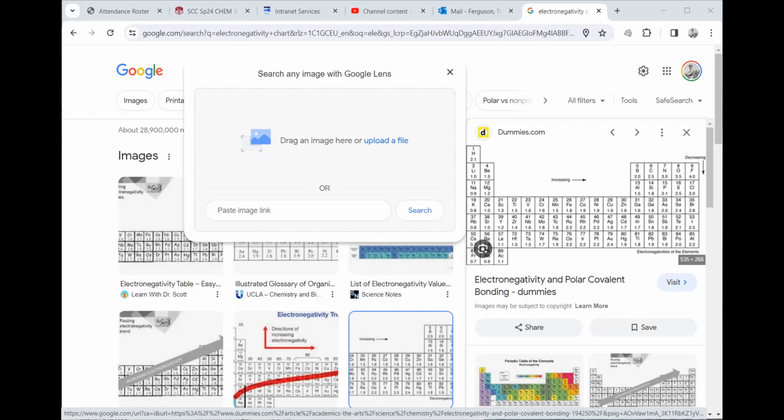Hence, its boiling point is higher. Its melting point is higher. Surface tension is higher.